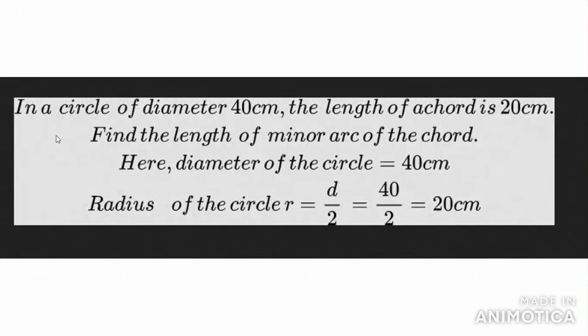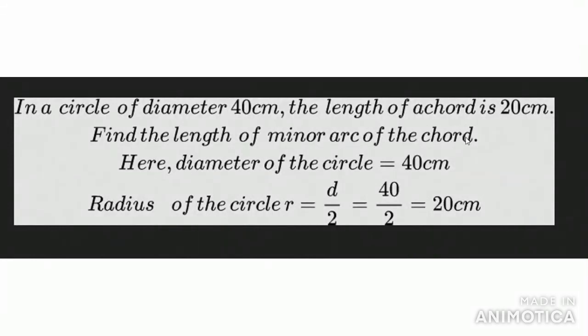Now take this question. In a circle of diameter 40 centimeter, the length of a chord is 20 centimeter. Find the length of minor arc of the chord. Here the length of chord is 20 centimeter. You have to find the minor arc of the chord.